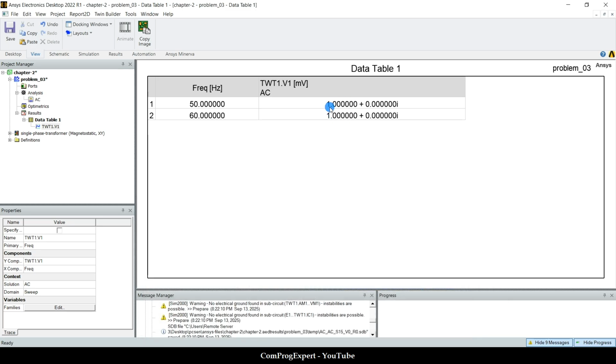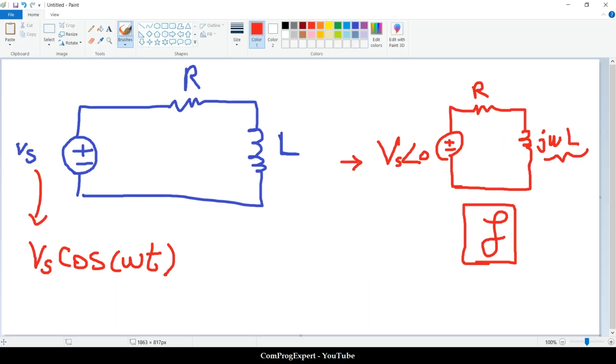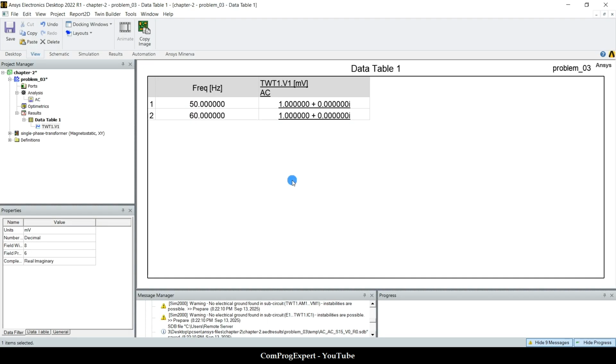So 1 millivolt. This is a complex number here. Yes, as you know, we can show the phasor quantities using real and imaginary parts or amplitude and angle. In Simplorer, we can also display these quantities in both formats. So here I can show magnitude and angle.